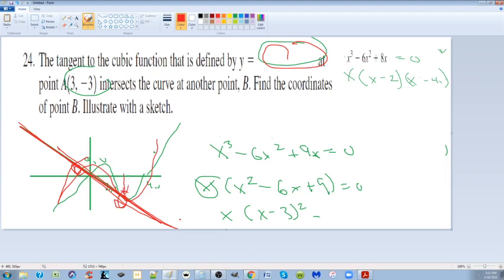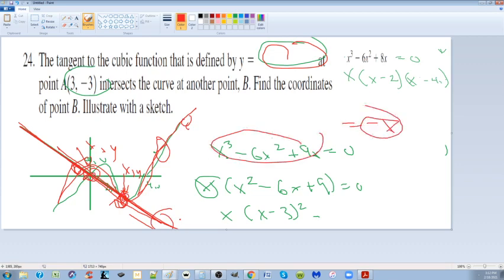They will only share x and y values at the points they intersect. Other than that, when this curve is going off that way and this line's going off that way, you can see they don't share any x and y values. They only share x and y values where they cross, which is why you can make one equation equal to the other equation, and that's where they will cross. Always.